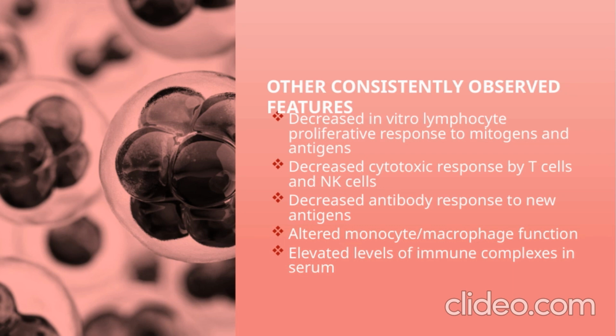Finally, we see elevated levels of immune complexes in the serum. These are clusters of antigens and antibodies that can deposit in tissues and cause inflammation or damage, which is often seen in autoimmune conditions. Putting this all together, these features highlight a pattern of immune dysregulation, reinforcing the overall theme of immune compromise or imbalance in the disease process we're discussing.